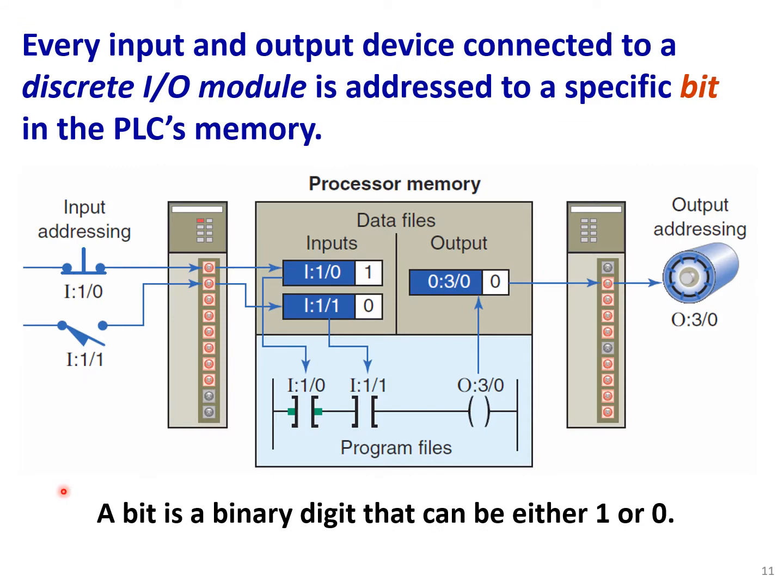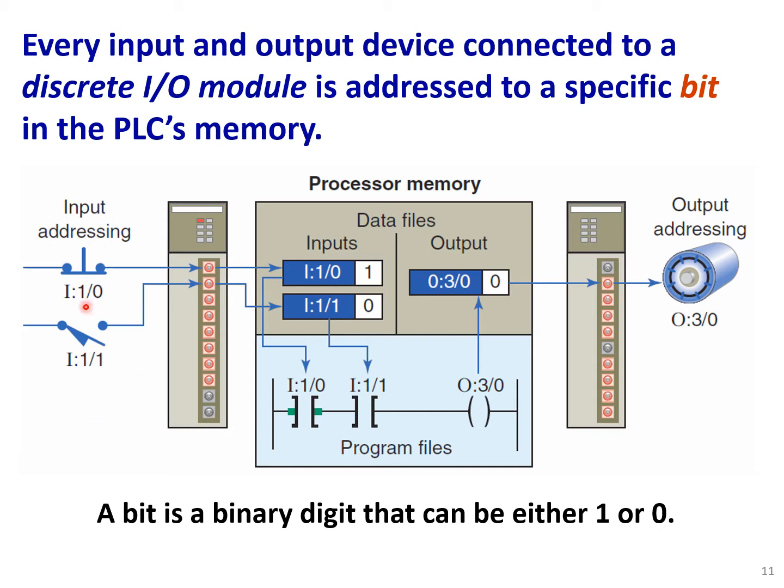Every input and output device connected to a discrete I/O module is addressed to a specific bit in the PLC memory. Okay, this one is very important. Look, here we have this input module, and here we have the output module, and here we have our PLC.